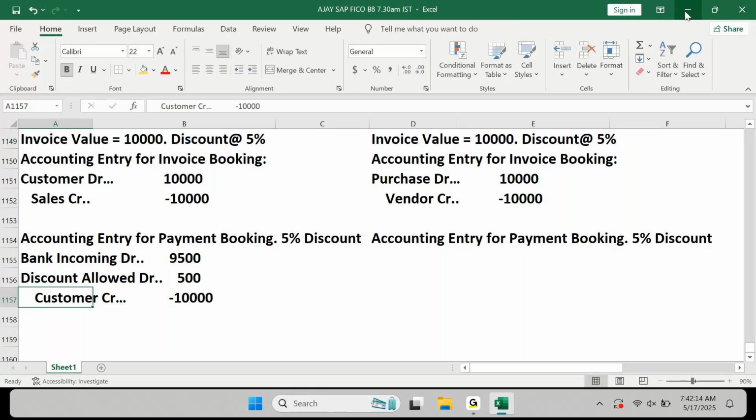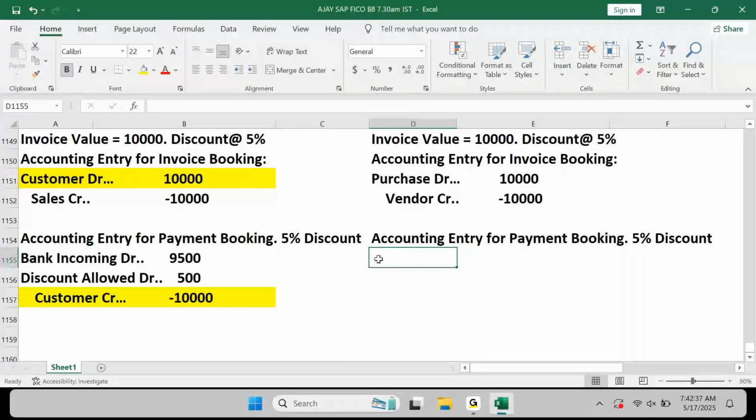Now, no impact in the customer account. If you see customer account credit, customer account debit for the same value, 10,000. Your discount is only affecting your collection, the payment value. Debit and credit in the customer account are the same amount.